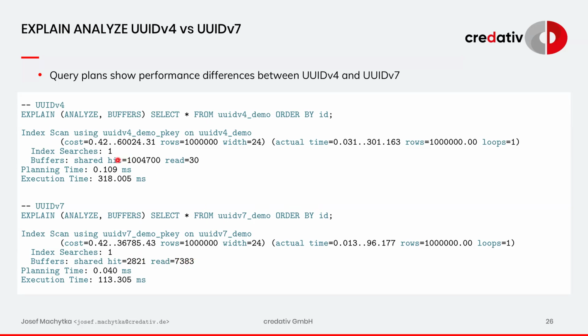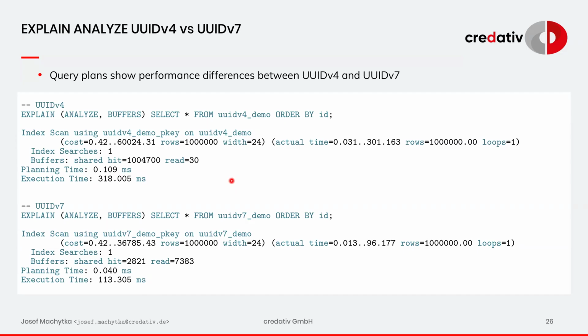But here with UUID version 4, and it's completely random disk I/O, you can see how many hits into shared buffers had to be done, like 1 million. Here, when we put these numbers together, we get like 10,000. And here we have 1 million, meaning a 100 times bigger amount of hits. So it also explains the longer execution time. Yeah, still talking about milliseconds, but the difference is quite big.